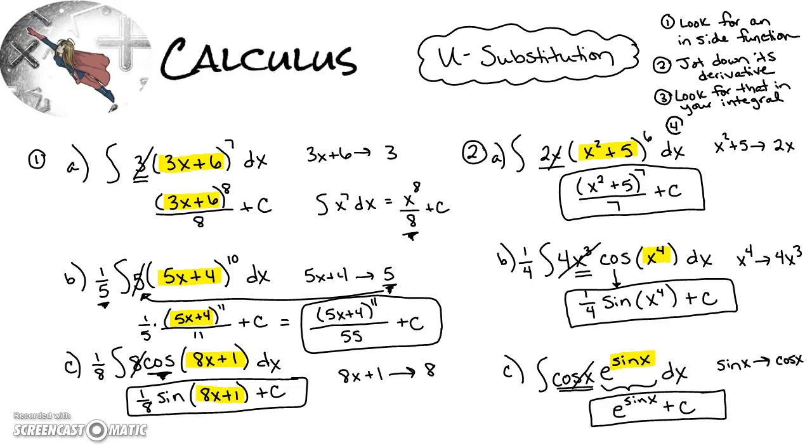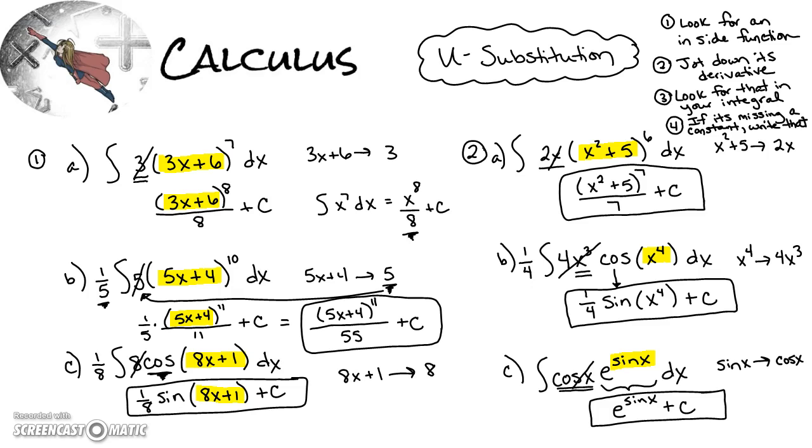I showed you a few examples where you just put the constant that you need into the integral, and then you counteract it, like when you put in a 4, you put a 1/4 on the outside. So look for that in your integral, and if it's missing a constant, write that into your integral.